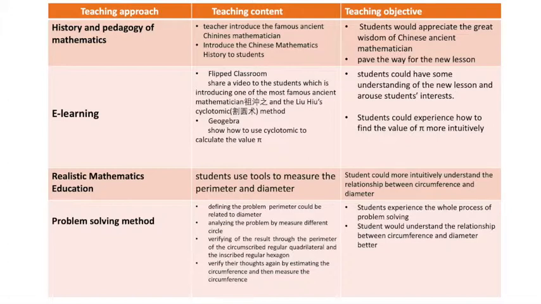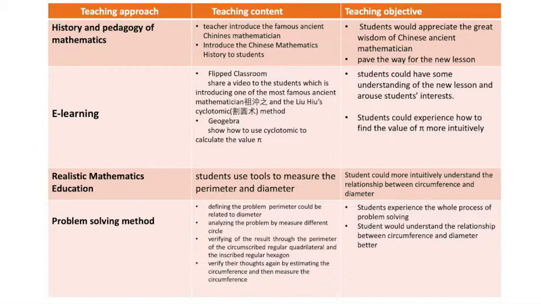In this lesson, students find that the longer the diameter, the longer the perimeter, to formulate a hypothesis. Then they measure the perimeter and diameter to find what relationship there is between them.